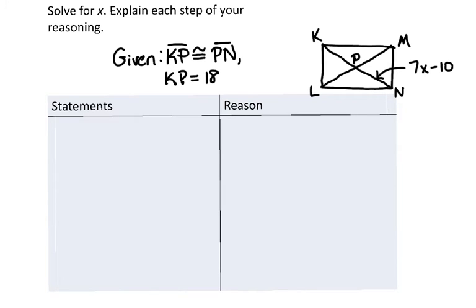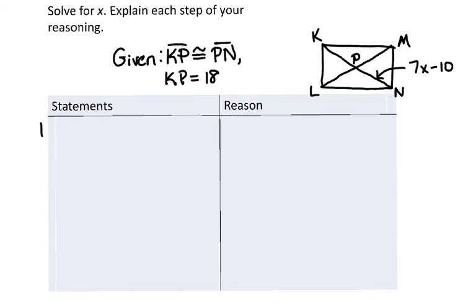Okay, so here we are asked to solve for x and explain each step. Our given information here is that segment KP is congruent to segment PN, and we know that KP is equal to 18, and we also know in this diagram that PN is equal to 7x minus 10. So we're going to be using that also in our proof to solve for x.